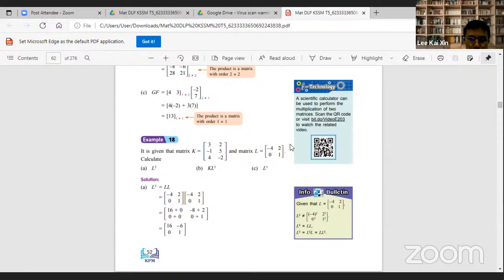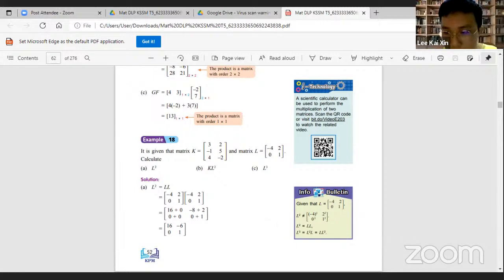You don't put a square on top and then get 16, 4, no. Square means the matrix times the matrix again. We write it L times L, we don't calculate by using a square like that.